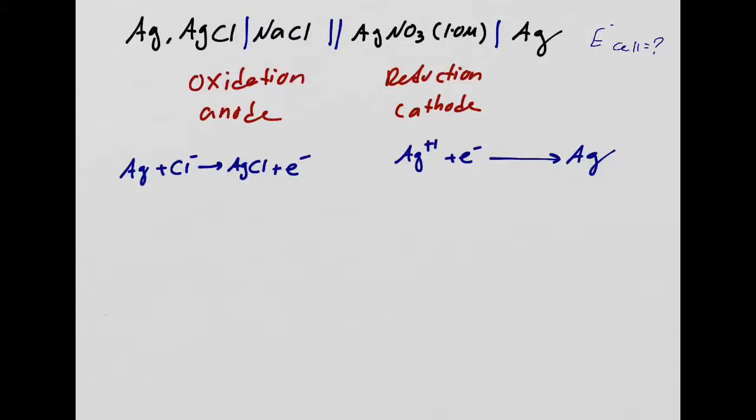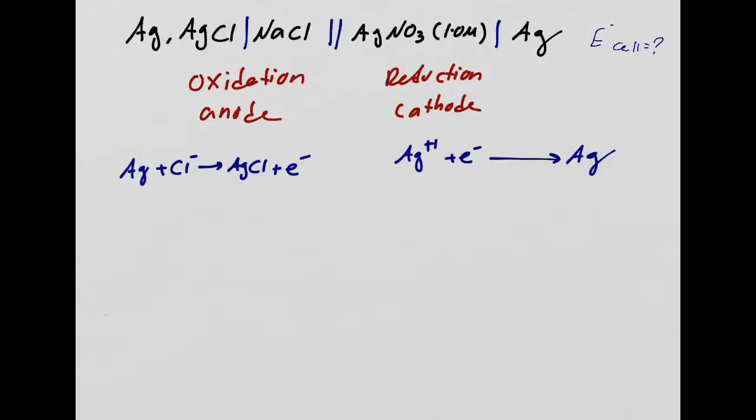If you look over here, technically the oxidation state of Cl doesn't change. Cl minus. Here, in AgCl, Cl is also minus, right? But the silver is what's really changing. So far so good. Okay, so we have the 2 reactions going on.